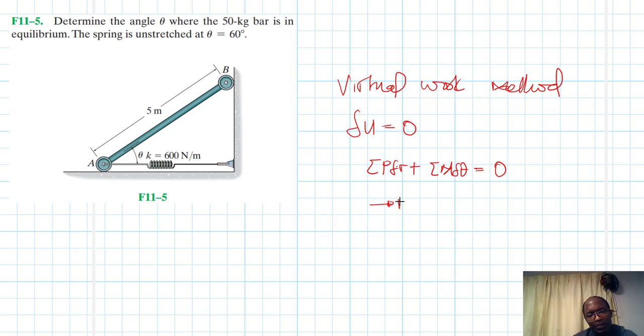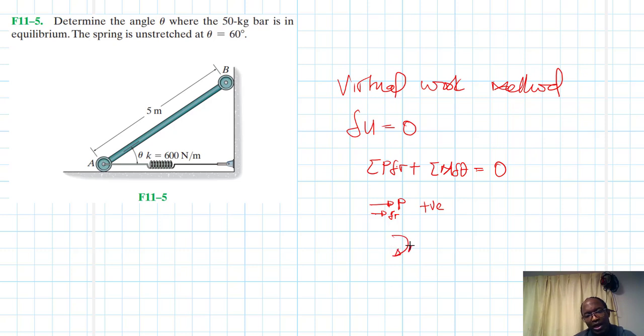Given a force P, or F, and a virtual translational displacement dr, if both of them are collinear or parallel, and if they are in the same direction, then you have positive virtual work. Otherwise, you have negative.